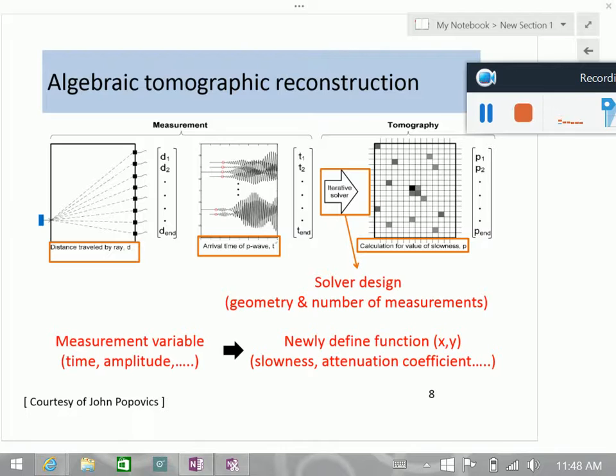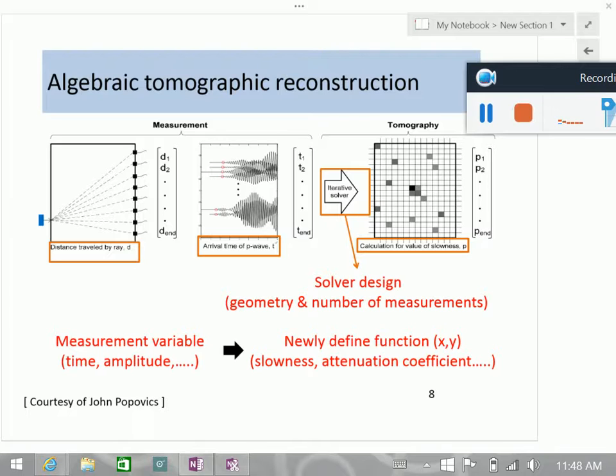So here is a source, and these are the receivers. Please add that to your notes. So this is a source, this is a receiver. There is a distance between the source and the receiver. If we consider a straight ray, it's very easy to calculate, right?